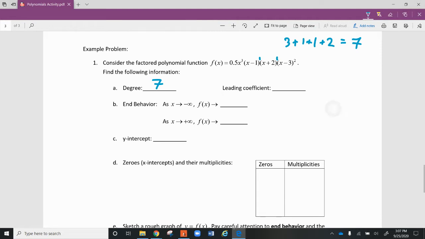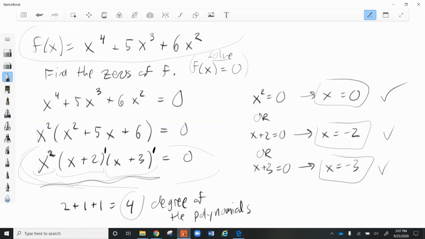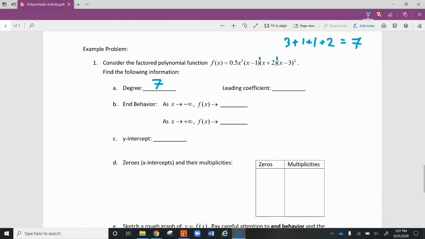Now the other thing is, if you were to expand this and multiply it all out, going backwards from a factored format and putting it back into a format more like this, then with this example you'd have 1x times 1x times 1x times 0.5 x cubed.